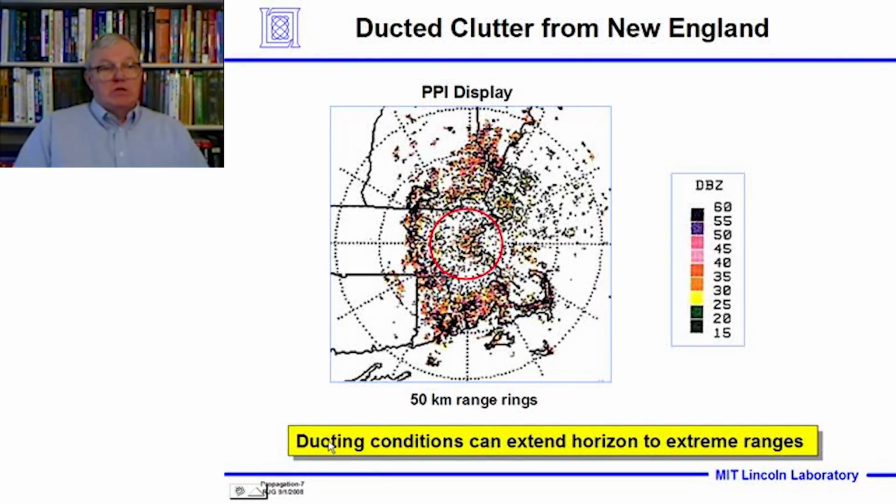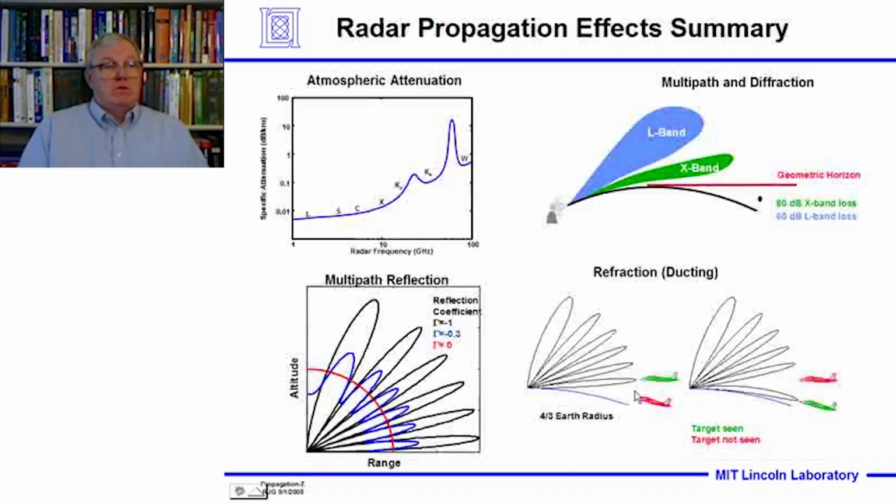I'll just point out these are 50-kilometer range rings. So we're seeing, clearly in a relatively flat area, ground clutter over 50, 60 miles, and that's really unheard of in the New England area. So ducting conditions can extend to extreme ranges of the horizon. It's the message I'd like to leave you with.